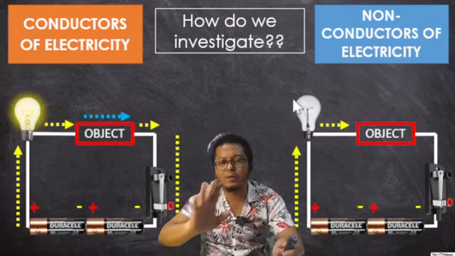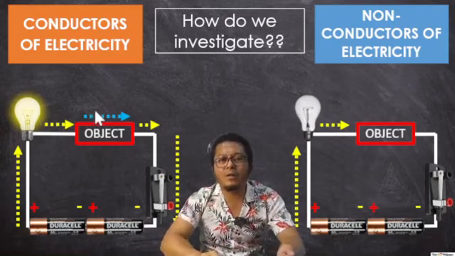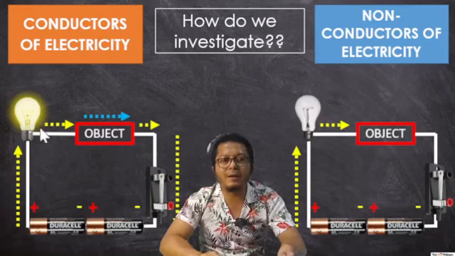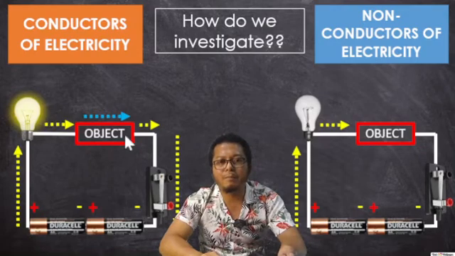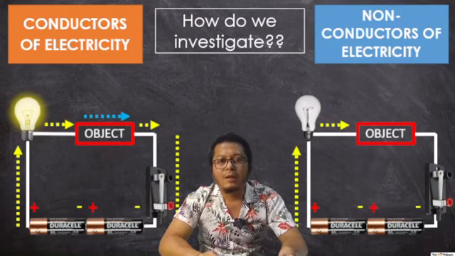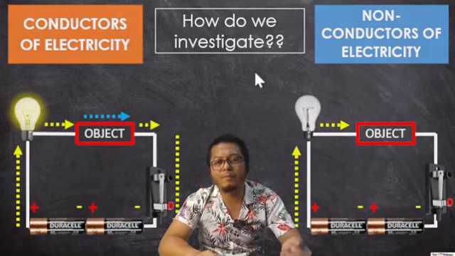Okay, it's quite simple. If the object is a conductor of electricity, electricity can pass through it and the light bulb will light up. If the object is a non-conductor of electricity, electricity cannot pass through it and the light bulb will not light up.